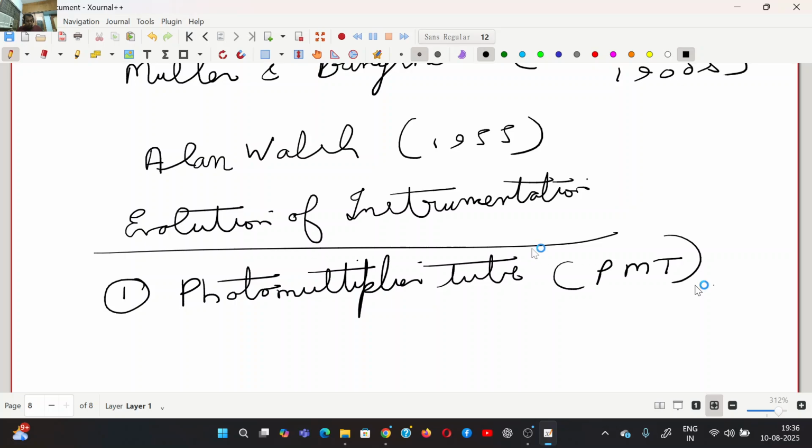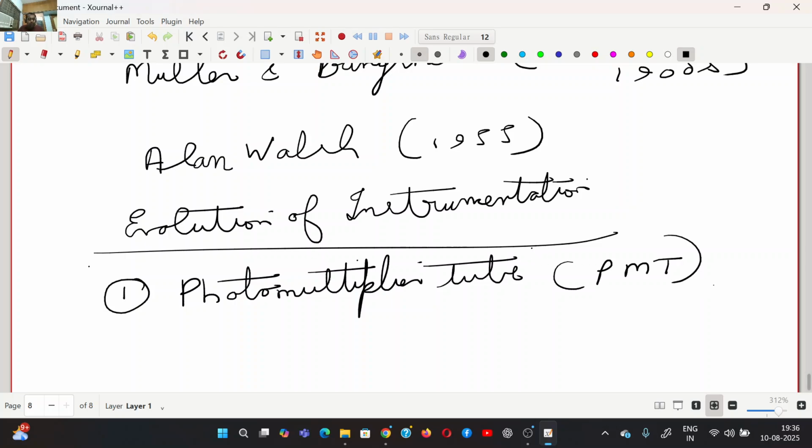But to detect the signal even when the source is weak light, you use this photomultiplier tube, which multiplies the electrons through a series of plates called dynodes, because of which you can detect very low light levels. So it's like a microphone which can pick up even the faintest whispers of light. That is what a photomultiplier tube is.